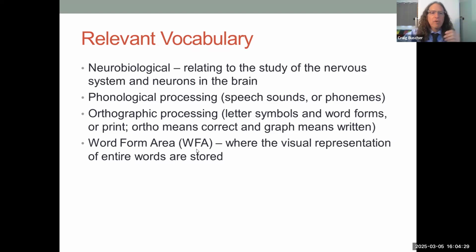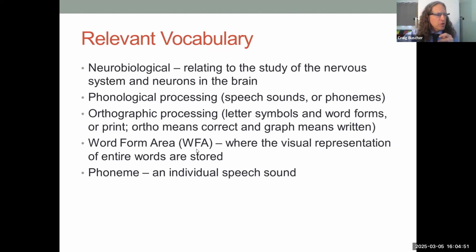That's also in the back of your brain, and that's what allows you to become an automatic, proficient word reader. You end up with tens of thousands of words stored in that word form area. These are words that you don't need to decode anymore, that you recognize in an instant.